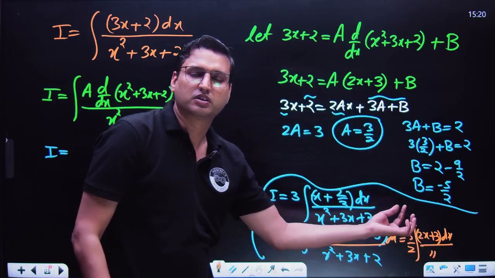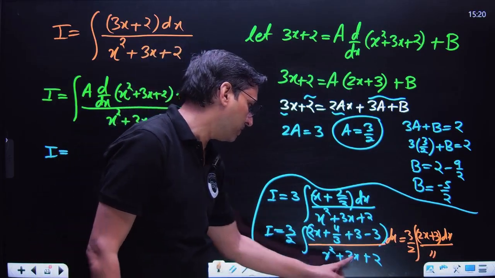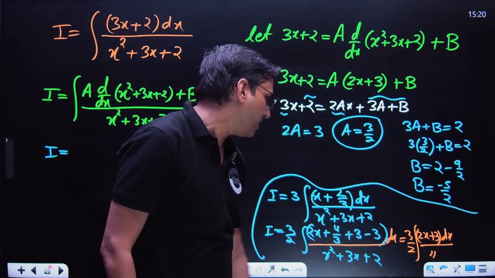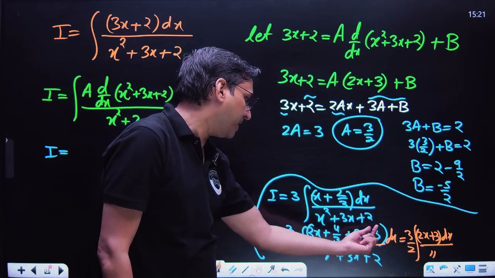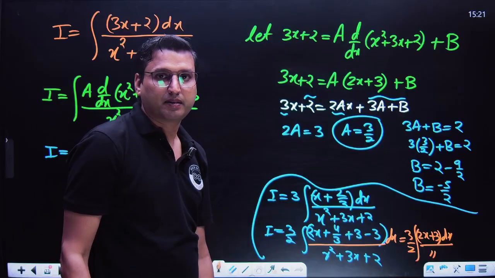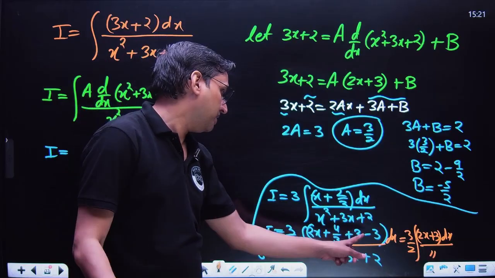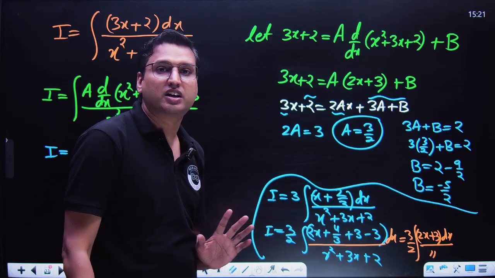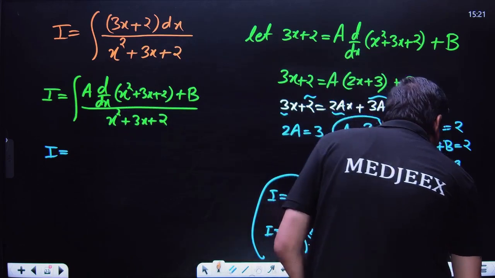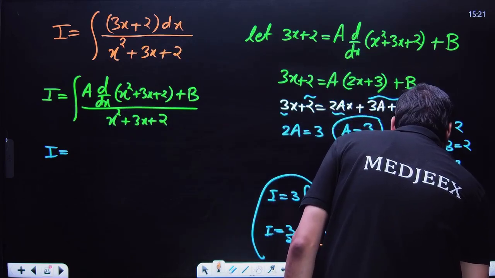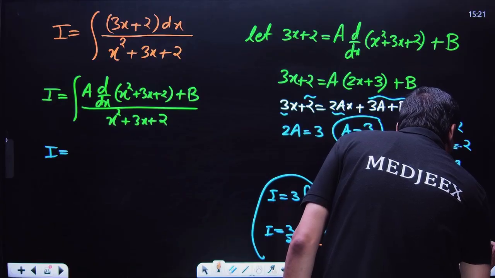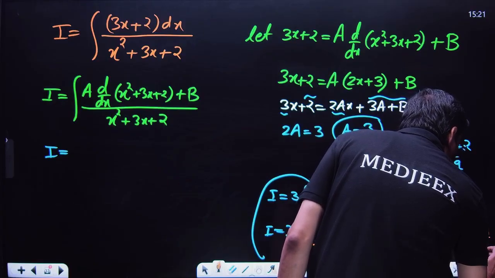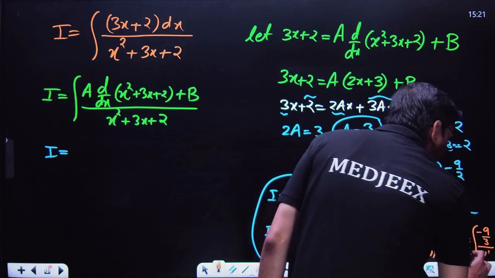I have kept inverted commas over there of the same. Clear? And the second one is what? 4 by 3 minus 3 is minus 9 by 3. 3 3 is 9, 9 minus 4 is coming out to be 5, 5 by 3 it is becoming, yes or no? Then 3 by 2 I am going to multiply, then it will be plus 3 by 2 into 4 by 3 minus 3, whole divided by the same denominator.